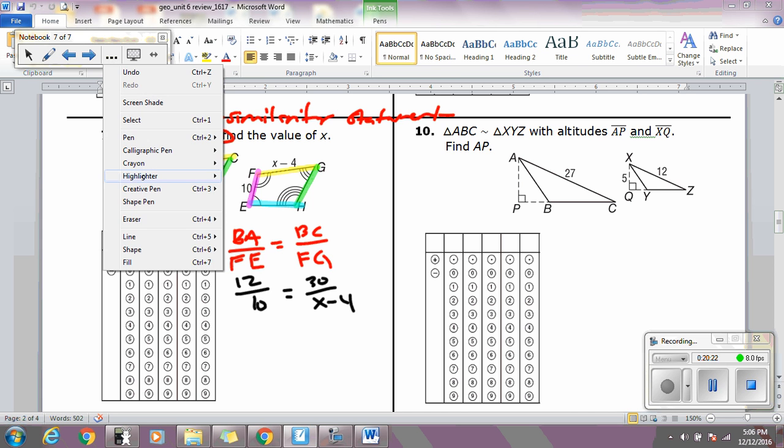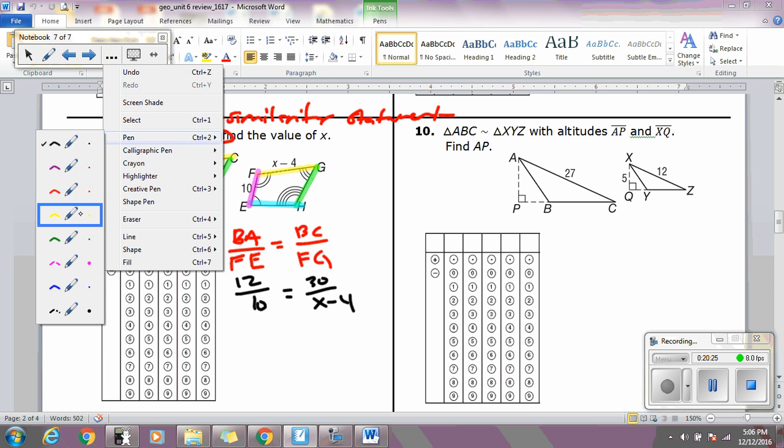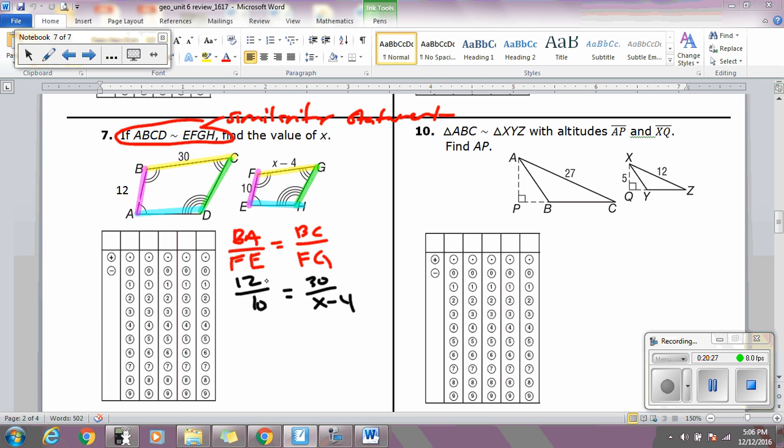Now we can go ahead and solve. Cross multiply, so that's 12 times x, which is 12x, minus 12 times 4, which is 48, is equal to 10 times 30, which is 300.